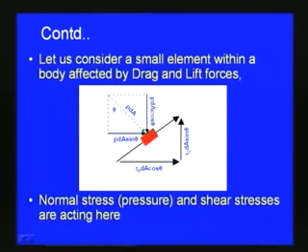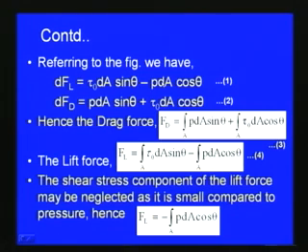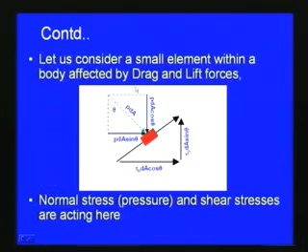P dA cos theta acts in this direction and tau 0 dA sin theta in the opposite direction, so we are considering the negative sign here. So the lift force on the elemental area is tau 0 dA sin theta minus P dA cos theta, as written in equation number 1, and the next force is the drag force.